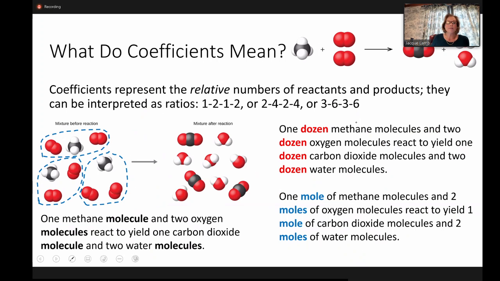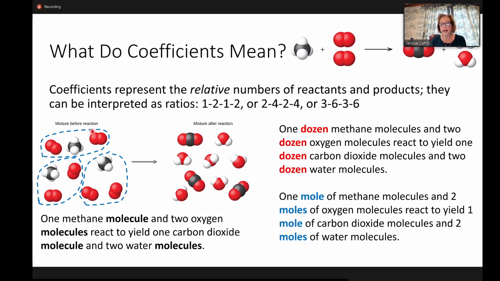So they represent the relative numbers of reactants and products and can be interpreted as ratios, 1 to 2 to 1 to 2, or 2 to 4 to 2 to 4, etc. So we can say that 1 molecule of methane reacts with 2 molecules of oxygen to form 1 molecule of carbon dioxide and 2 molecules of water. We could say that 3 molecules of methane react with 6 molecules of oxygen, etc.